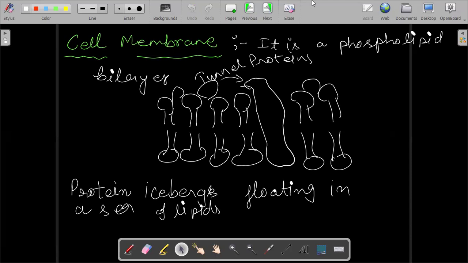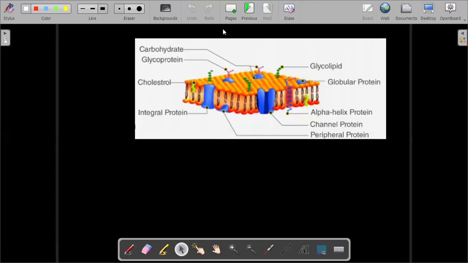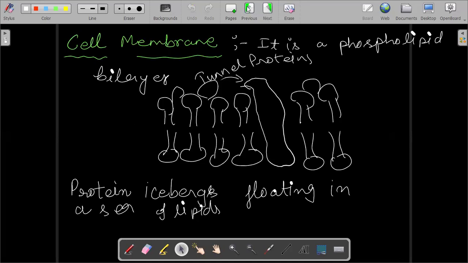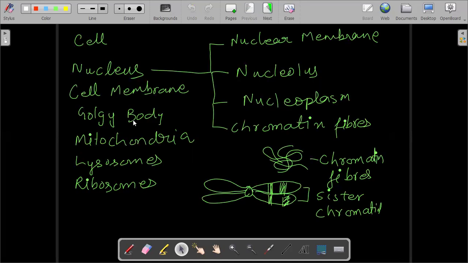So see, this was the structure of a cell membrane, and after the cell membrane, we have to look at the structure of the Golgi body. We'll also see the functions performed by the Golgi body. Can anyone tell me what functions are performed by the cell membrane?